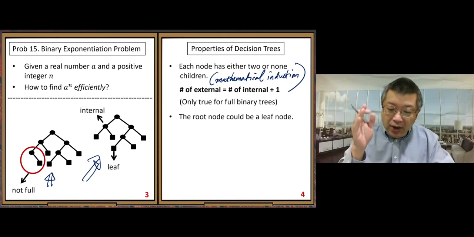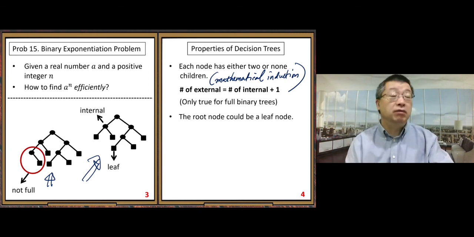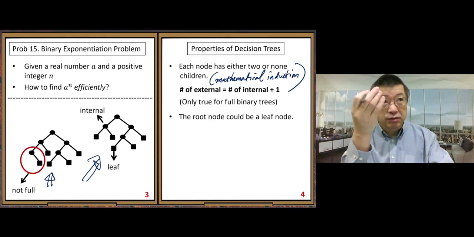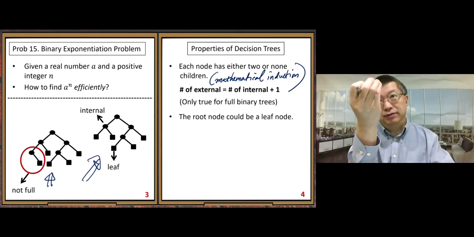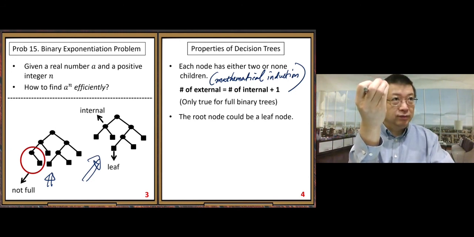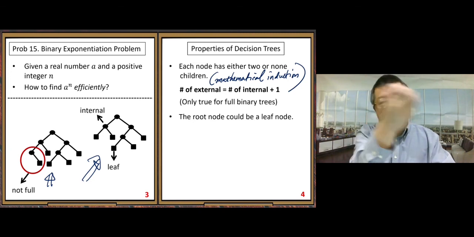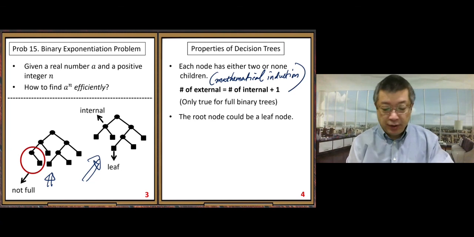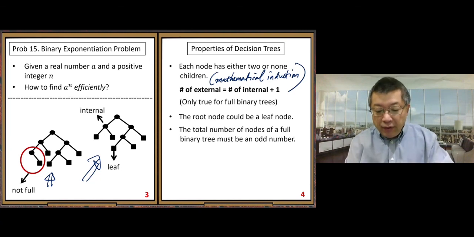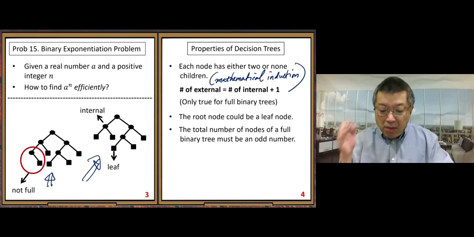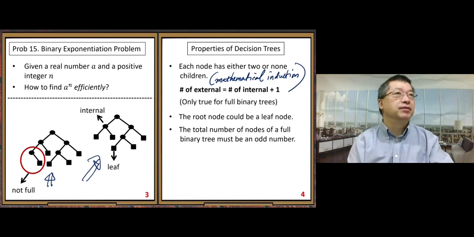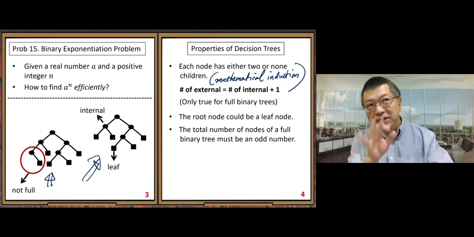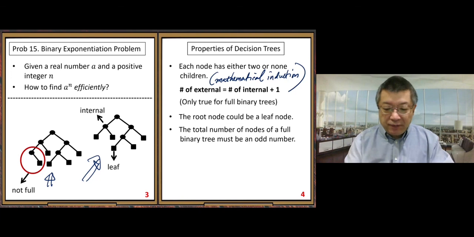Then the root node could be a leaf node. It's possible when you only have 1 node at the root. In this special situation, the root node is also a leaf node. The total number of nodes of a full binary tree must be an odd number. You can get this result easily.